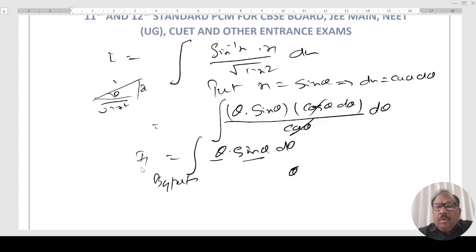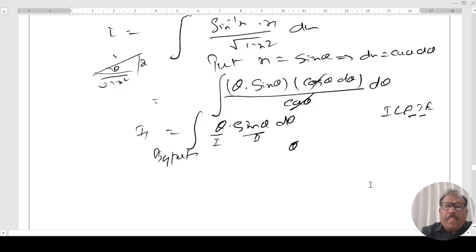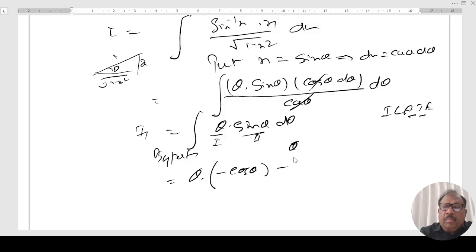This is I1. So theta is algebraic, sin theta is trigonometric. According to ILATE, algebraic and trigonometric. This will be the first function, this will be the second function. So first function, theta into integration of sin theta, minus cos theta, minus differentiation of first one into minus cos theta d theta.